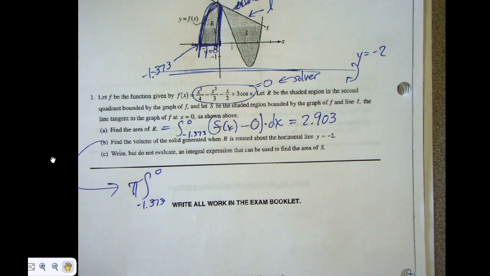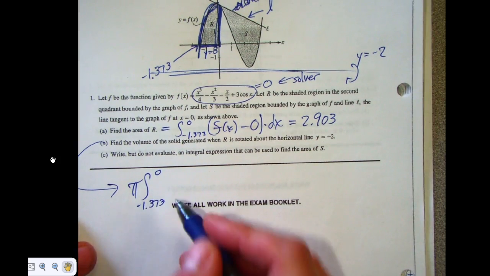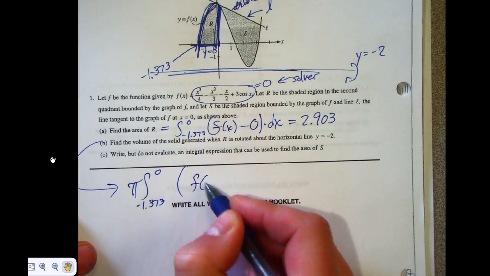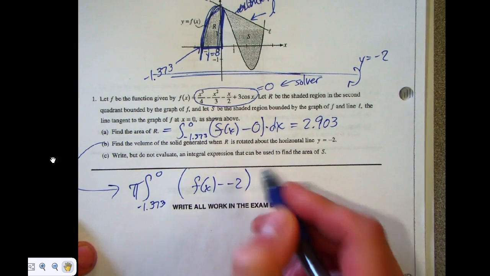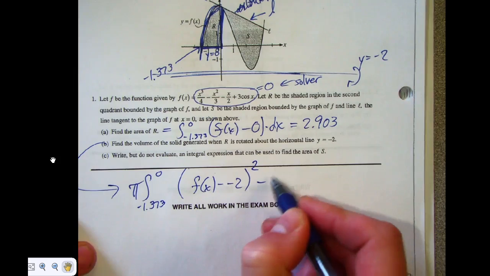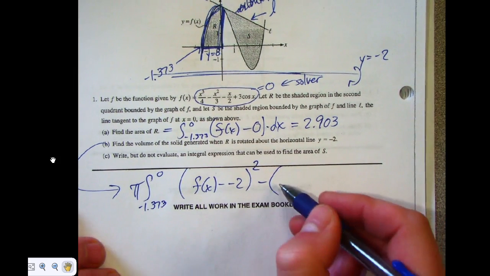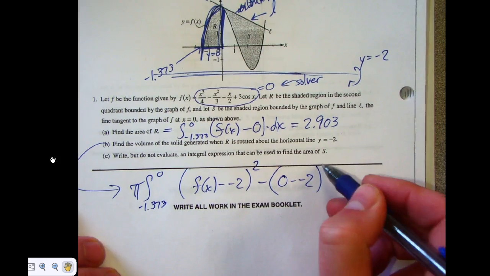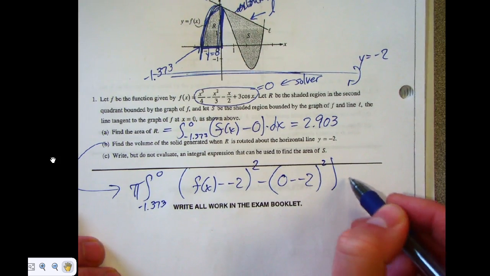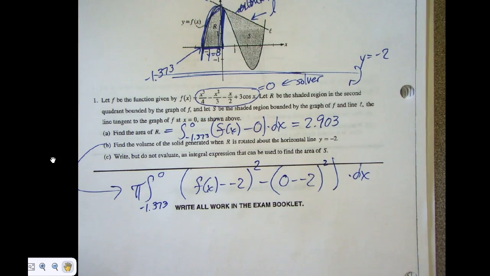F of x is, and how far away is it? f of x minus -2, squared, right? Minus, and then which equation's closer? 0, how far away is it? 0 minus -2, squared. And then times dx. Okay for B?